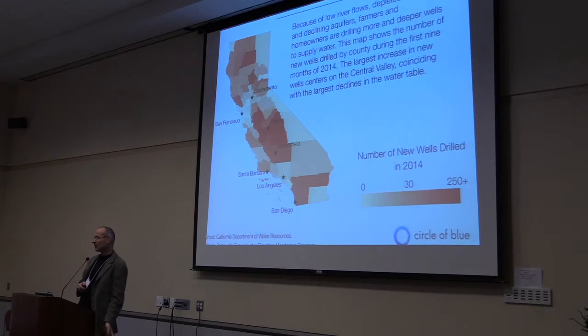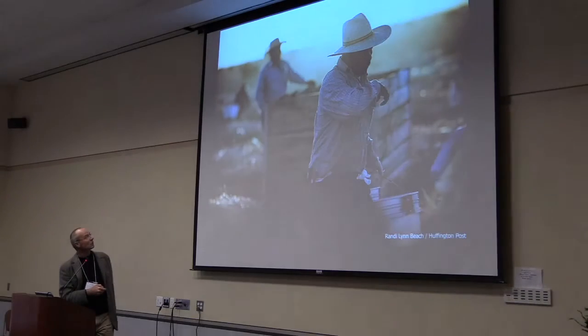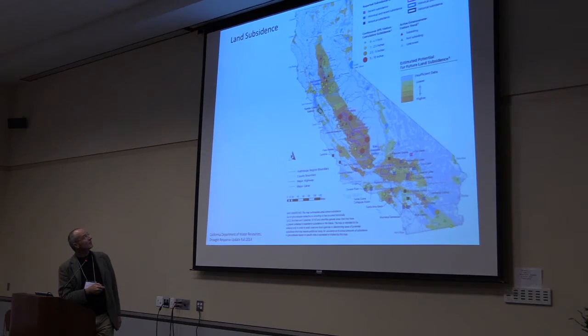We have had record number of wells drilled at costs of up to $2 million for an agricultural pumping well that is 2,000 feet deep in the Tulare Lake Basin. So there is not only the increased pumping cost and the decreased water productivity, but also the cost of drilling new wells.